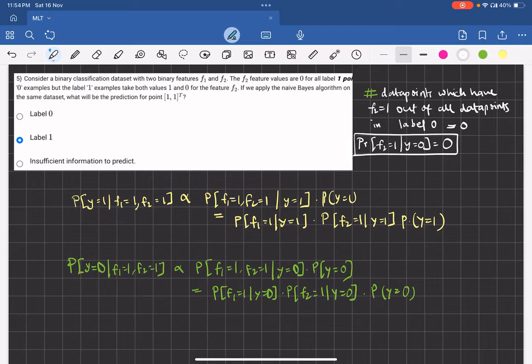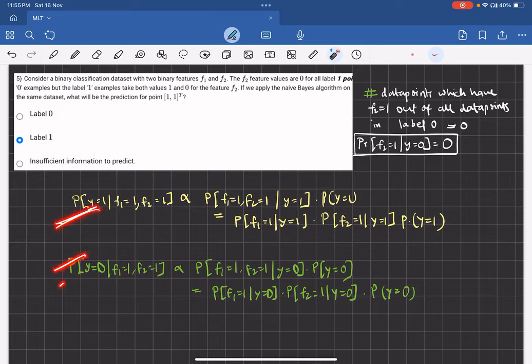Now, how does prediction happen in naive Bayes? We look at two important probabilities. One is the probability that y equal to 1 given f1 and f2 equal to 1 and 1. Why this? Because we are predicting for the point 1 comma 1, so f1 is 1, f2 is 1. Similarly, we'll also compute the probability that y is equal to 0 given f1 is 1 and f2 is 1, and we'll compare these two probabilities.